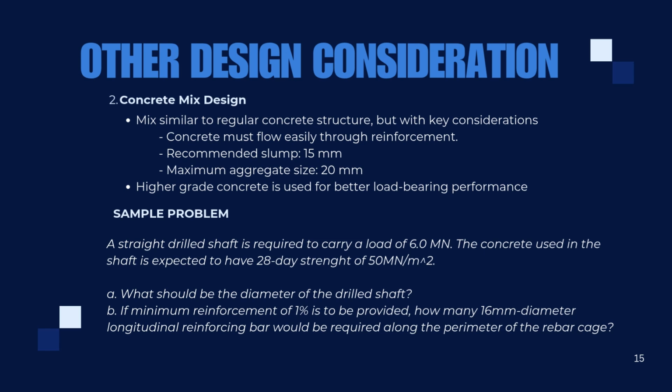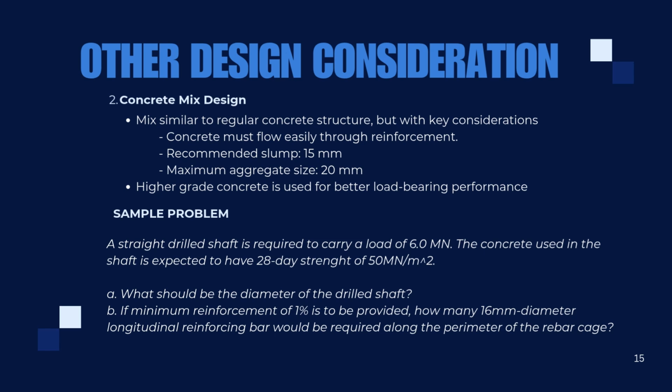To achieve this, a recommended slump of about 15 mm is used, ensuring proper workability. Additionally, the maximum aggregate size is limited to 20 mm to allow smooth placement inside the shaft. Moreover, higher grade concrete is typically used to improve the load bearing capacity and overall performance of the foundation.